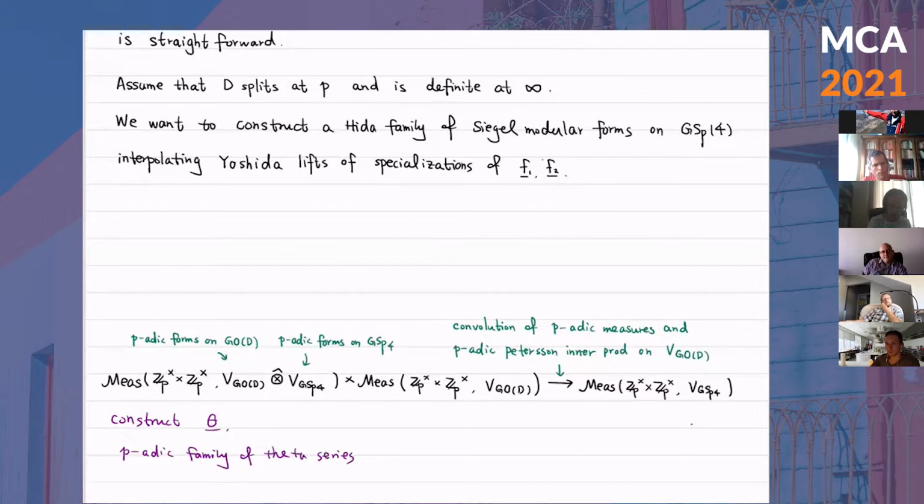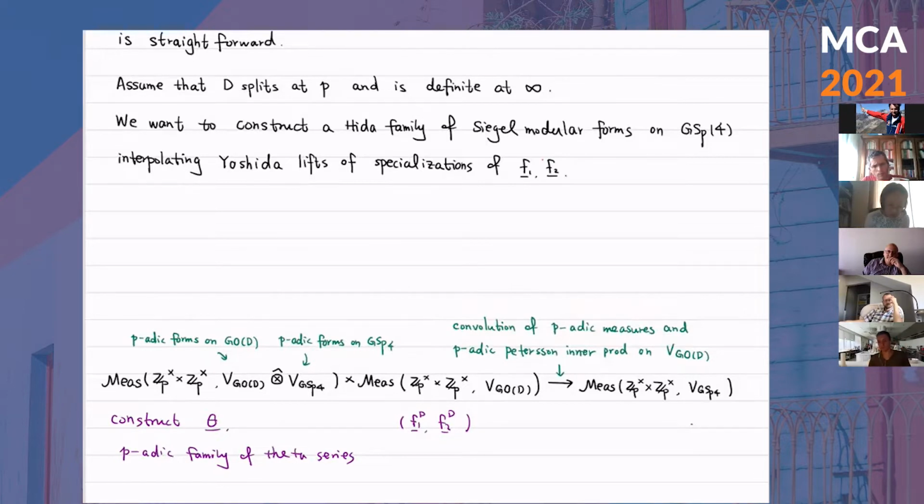And this second space is the families on the orthogonal group. We already have the given one, the Jacquet-Langlands transfer of the families on GL2 to the quaternion algebra. Given these two spaces, if we use the convolution of p-adic measures, it's going to produce another measure on Zp cross Zp.